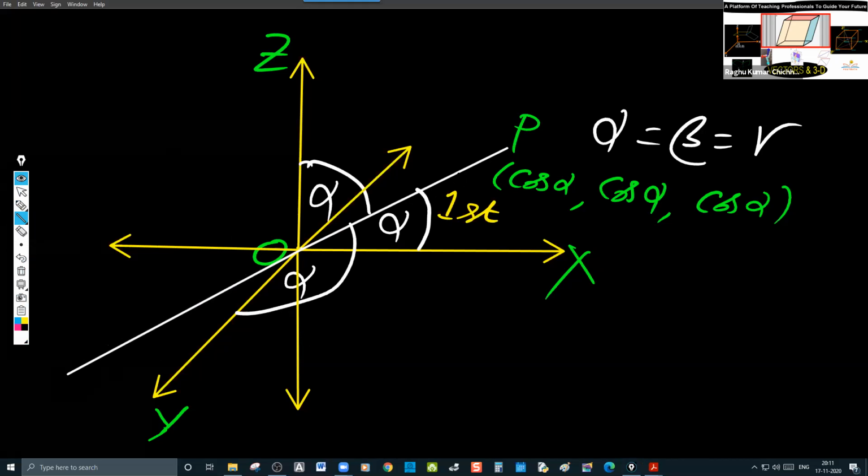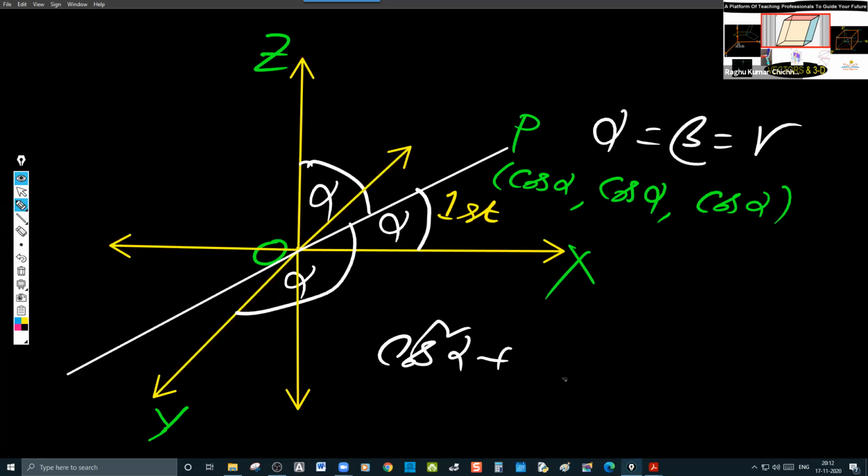My question to you, please understand this question: how many such OPs will be there? The property of OP here is that it makes equal angles with the coordinate axes.